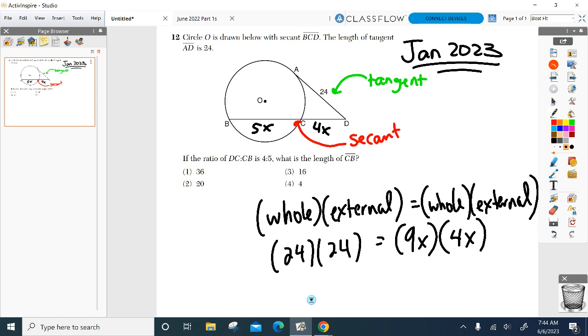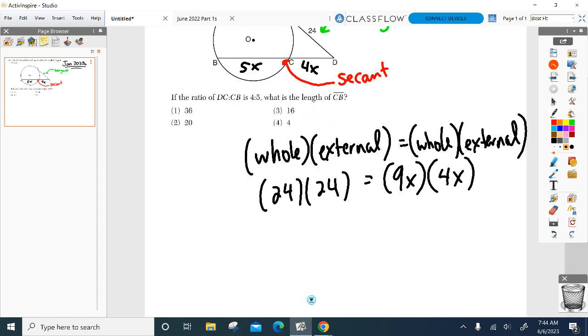Now, I think we did a problem similar to this yesterday when we did cross multiplication on a proportion. I do get 36x squared. And on the other side, anybody want to help me out? 24 times 24? I don't know what that is in my head. Sorry. 576. And you guys always want to go square root crazy.